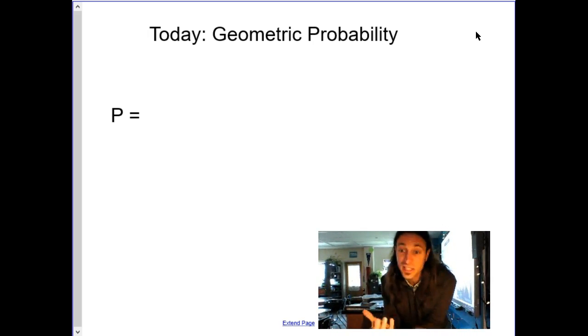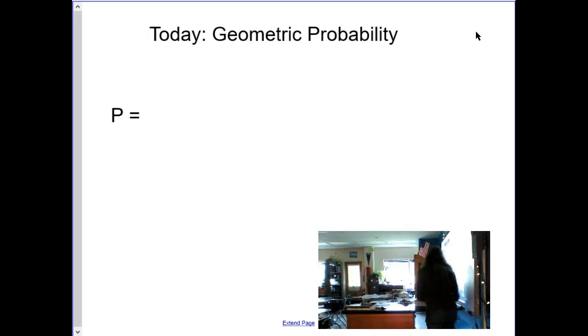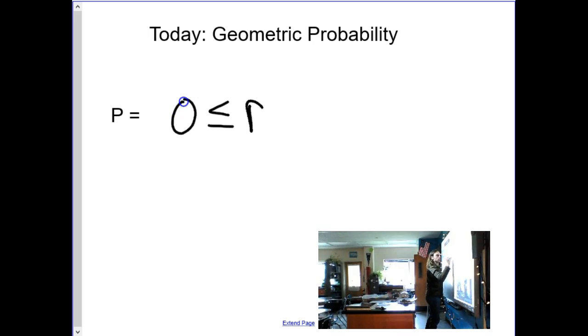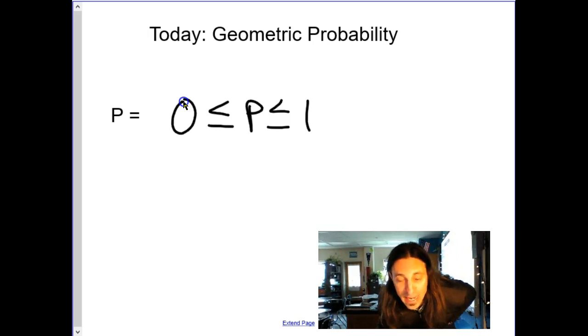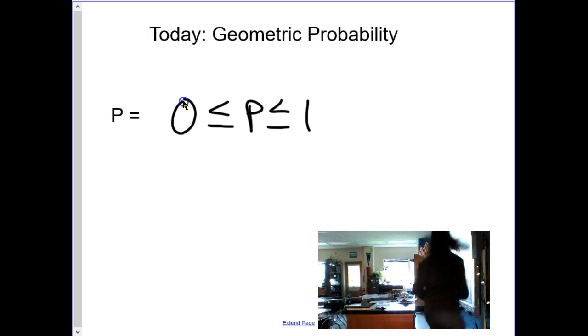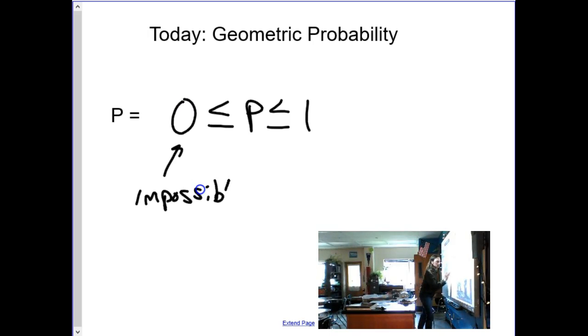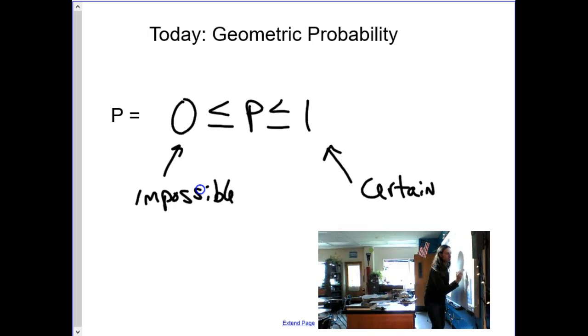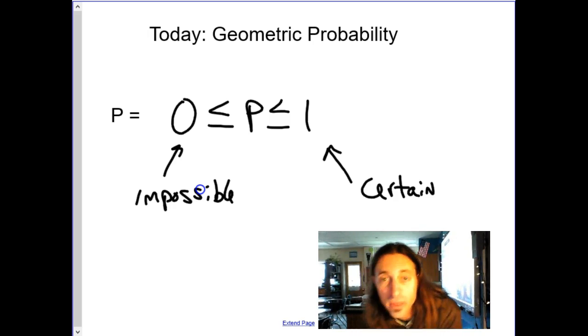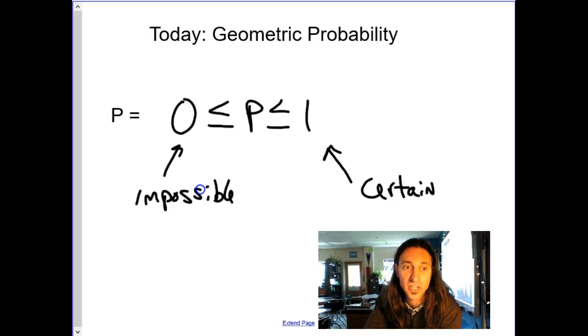But probability is a number between 0 and 1, with the idea of 0 being it is impossible, it can't happen, and 1 being certain. These are usually written as a fraction or as a decimal, or if it's a guaranteed thing, it's 100%. It's a sure thing, or the whole number 1.